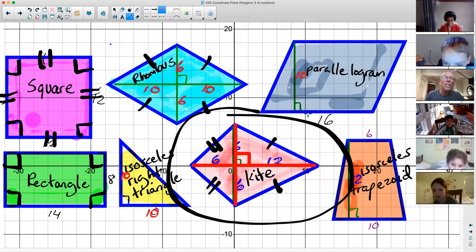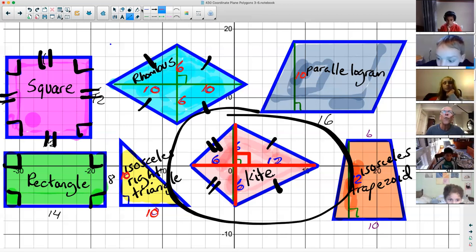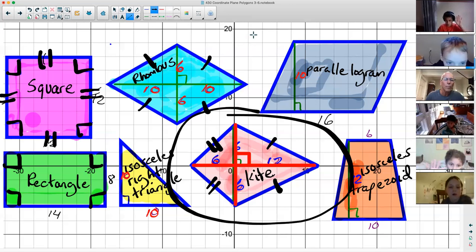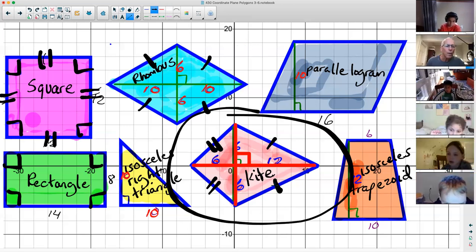Now, do you see another figure on the screen that also has diagonals which form right angles? Claire? Well, the kite has two bigger and longer triangles than the ones up in front. That is a great observation.